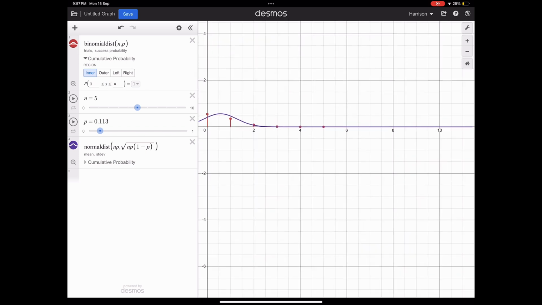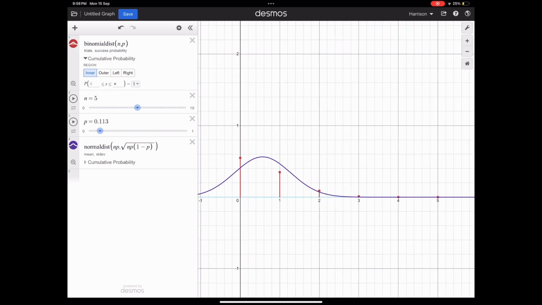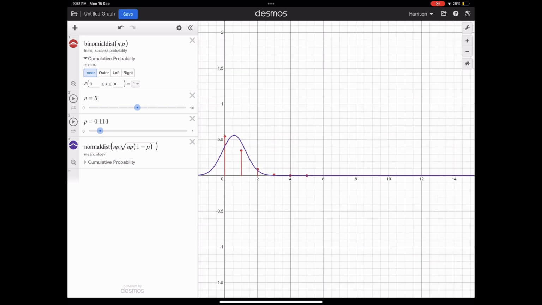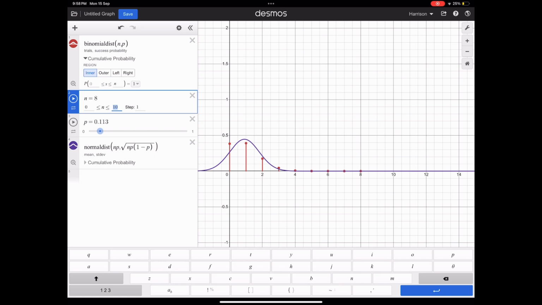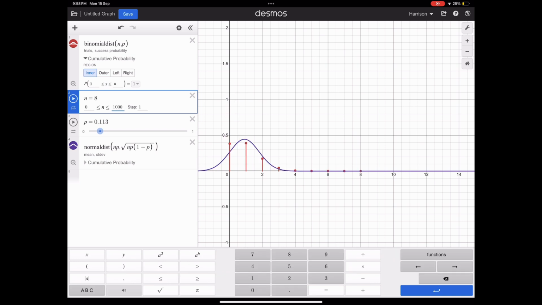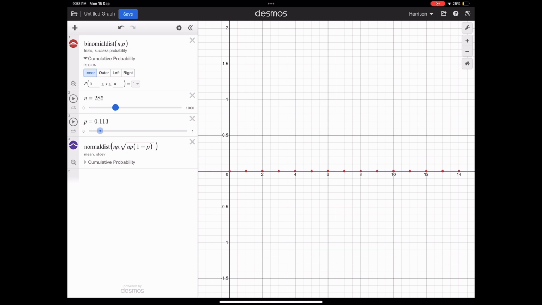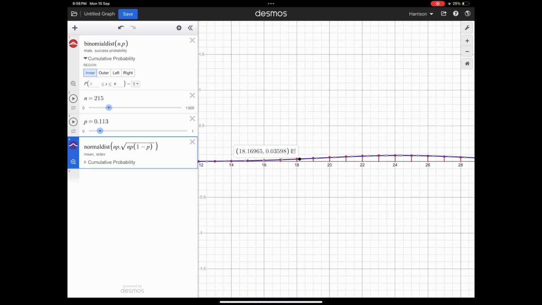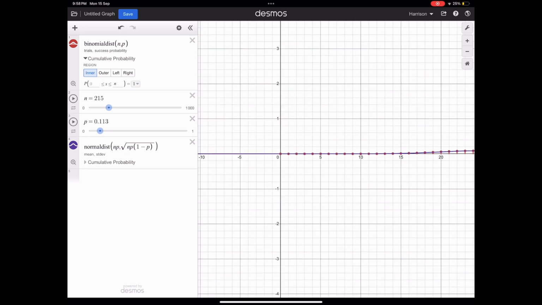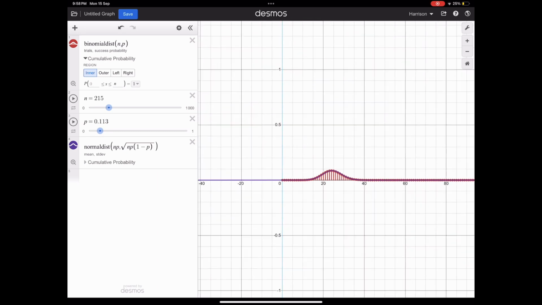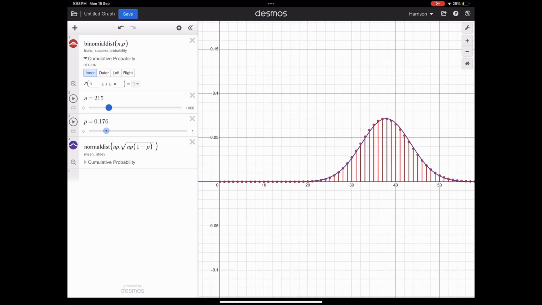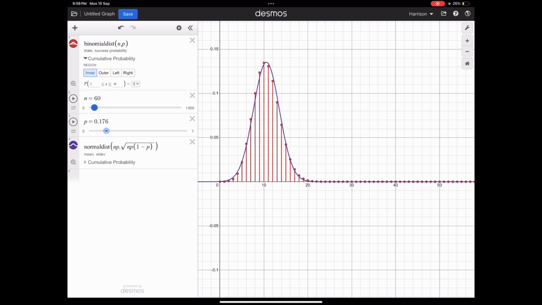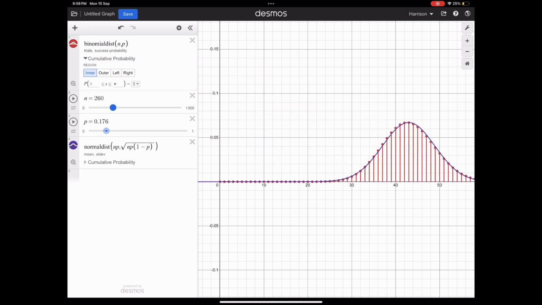And if I expand this and stretch this out a bit, if I now start increasing this and make n really large, it becomes closer and closer, but as I make n smaller, it becomes less of a good approximation.